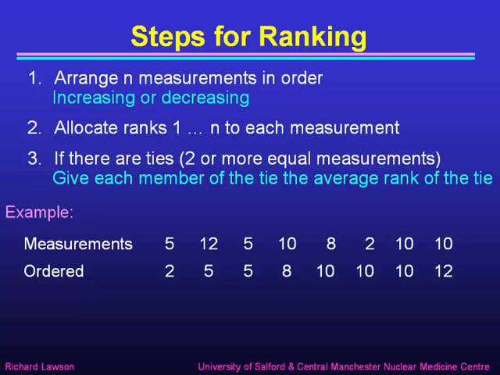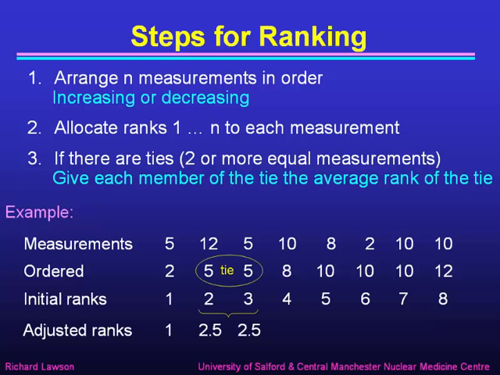So those are the same measurements, arranged into increasing order. Then we give those ranks 1, 2, 3, 4, 5, 6, 7, 8. So the value 2 is ranked 1, the value 5 is ranked 2, and there's another 5 which is ranked 3. That shows that we've got a tie: the number 5 occurs twice, at ranks 2 and 3.